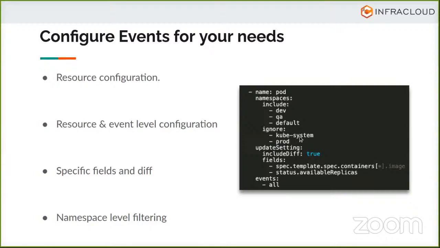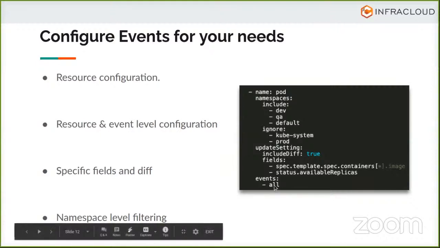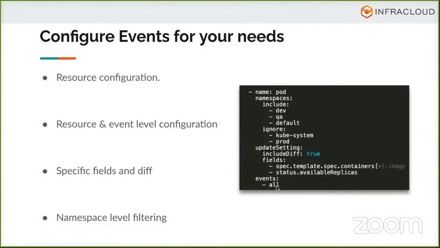You can filter namespaces so that you get notifications about events in a particular namespace only. You can configure event types. The supported event types are create, update, delete, and error. If you just specify all here, it will monitor all the events: create, update, delete, and error.